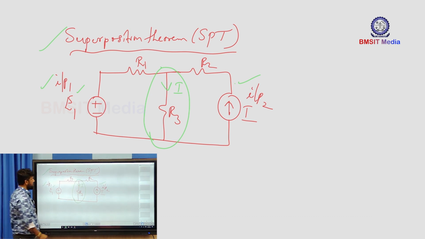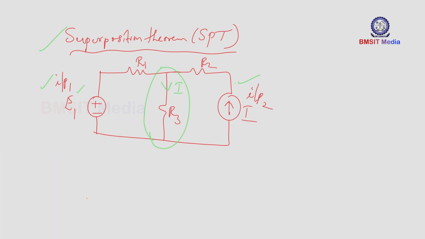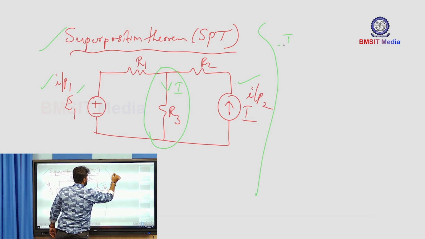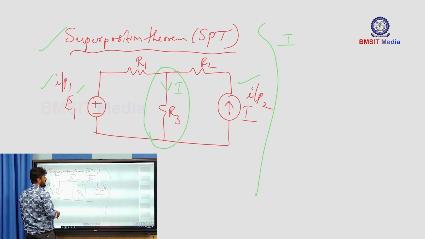The meaning is, look at here, the total response is my I, in presence of both the sources E1 and I here.